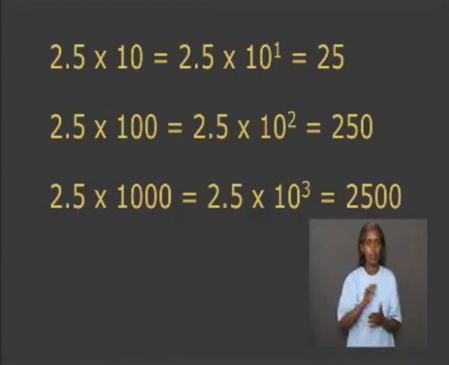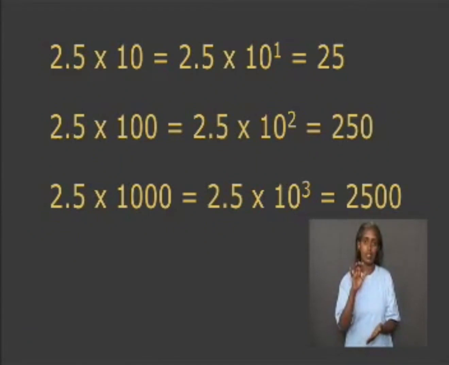To get 250, we multiply it by 100, which is 10 to the power of 2. To get 2,500, we multiply it by 1,000, which is 10 to the power of 3.